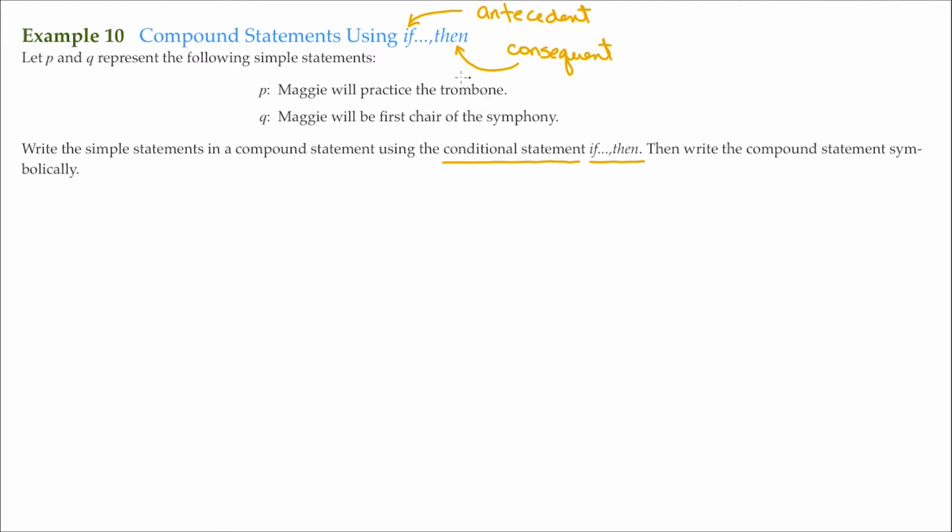We'll start off with the first simple statement here, P, but we're going to write it as if Maggie practices the trombone. There's our comma. This is known as our first clause here. Then we'll continue it with the second simple statement.